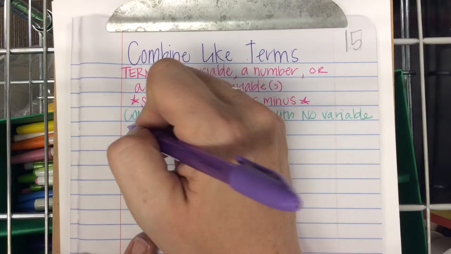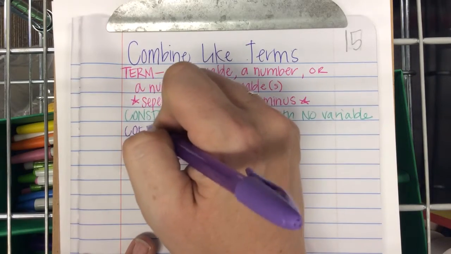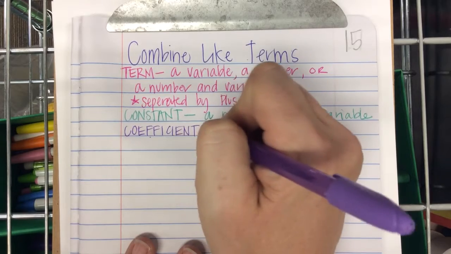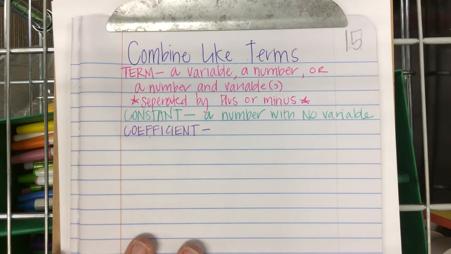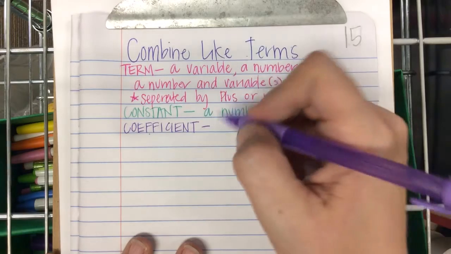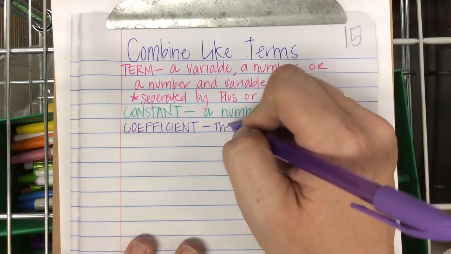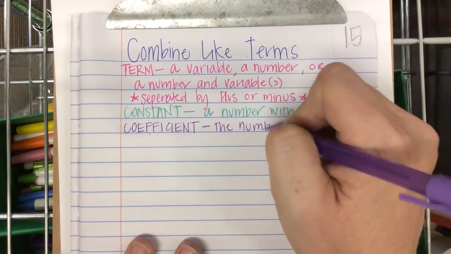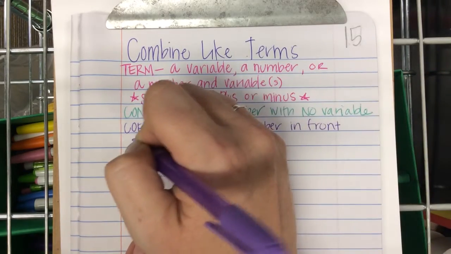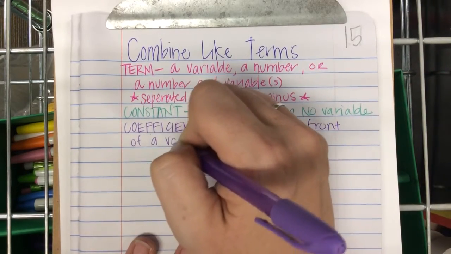Then we have the vocabulary term coefficient. A coefficient is the number in front of a variable.